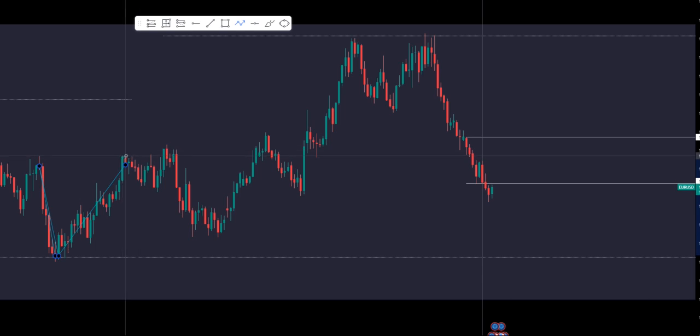So now price failed to hold this area, broke it with this candle right here, and made the retest. Okay, this is the retest. In the retest we have a new structure, okay? The retest is not only meant to be like this, it could be like this.